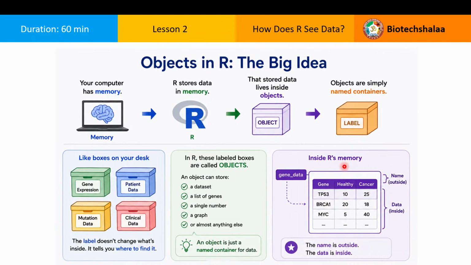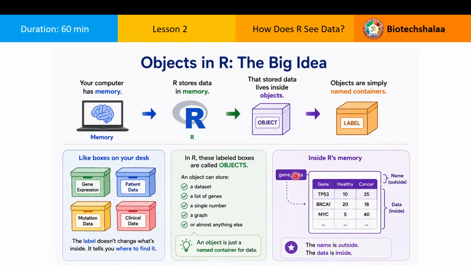Okay, look at this image. Just imagine that this is exactly what it looks like inside R's memory. Here we have that geneexpression.csv file. You can see that the file is inside this box, and outside we have the label gene_data.